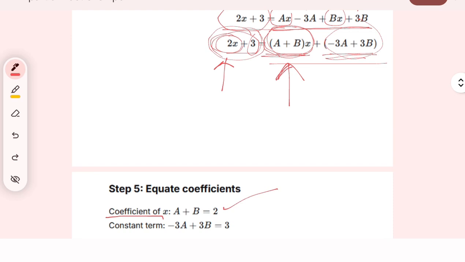Now, these two are constants, so we need to equate them to the constant on the other side too. So we have 3a plus 3b equal to the constant on the other side, which is 3.